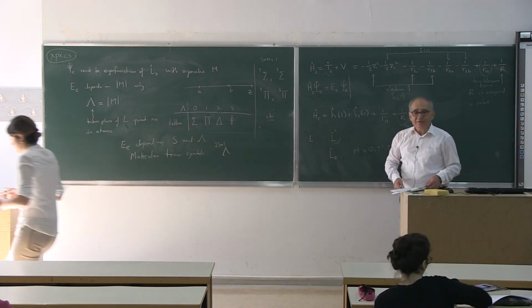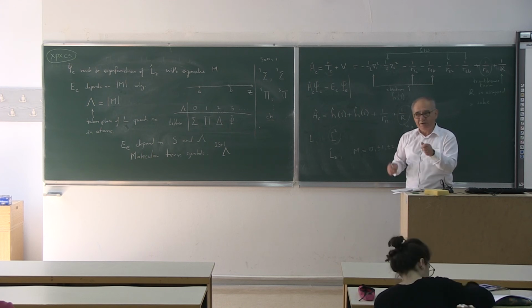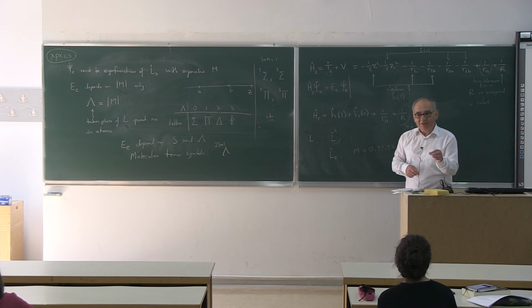Now, what does the Pauli exclusion principle tell us? That the state function must change sign when any two electrons are exchanged. Here we have just two electrons. So the Pauli part is very similar to the discussion about the helium atom. In the helium atom, we have also just two electrons.